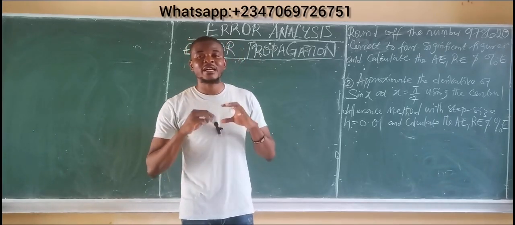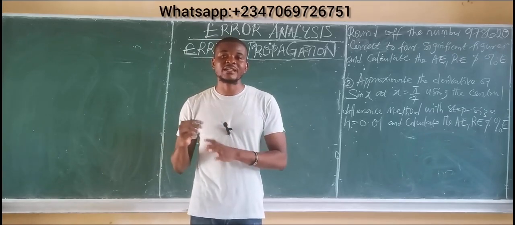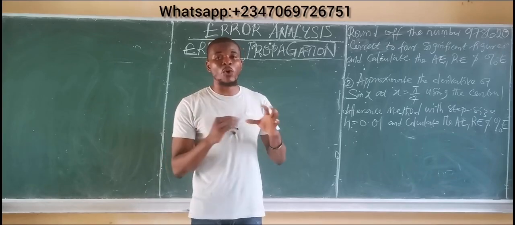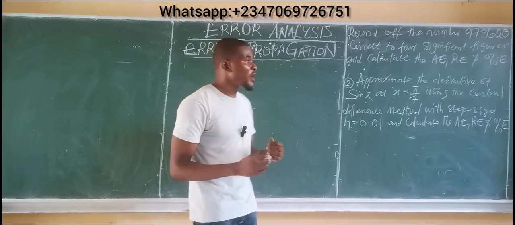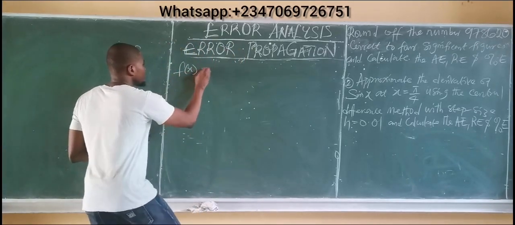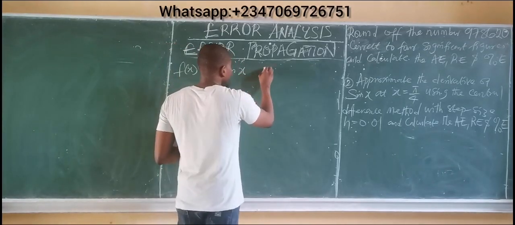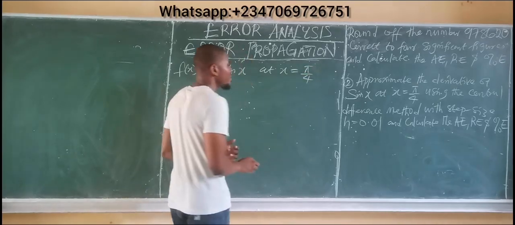So this simply means that the approximate value of that derivative should be obtained using the central difference method. So when we use the central difference method, any value we obtain there for that derivative becomes the approximate value. Now, not forgetting we are given our function f of x to be sine x, and we're given at x equals pi all over 4.